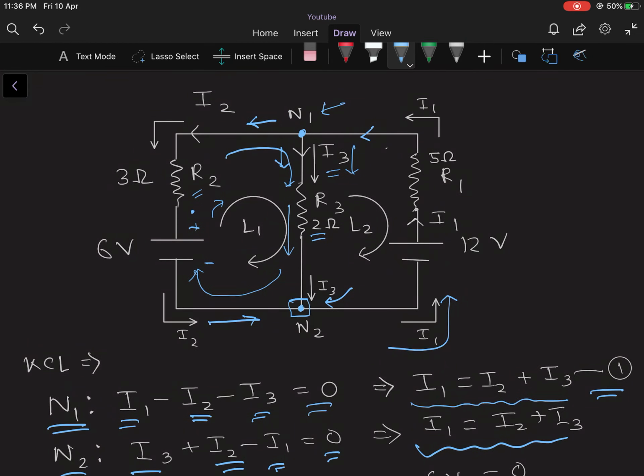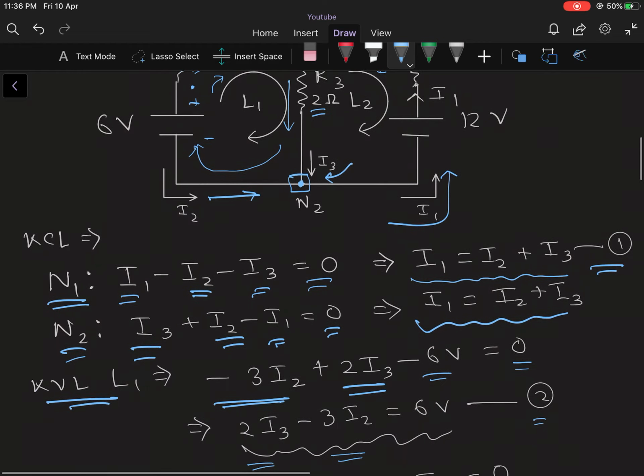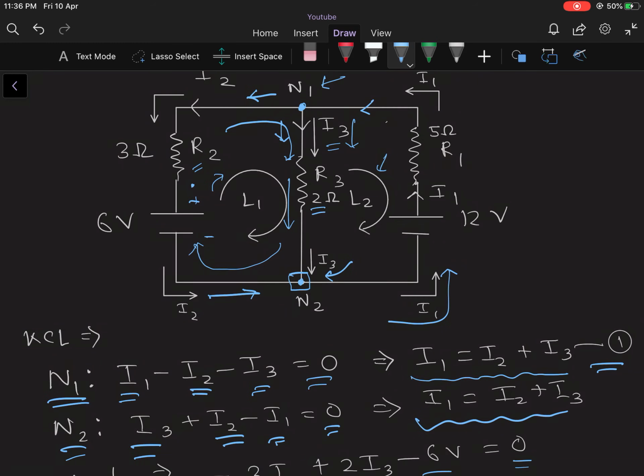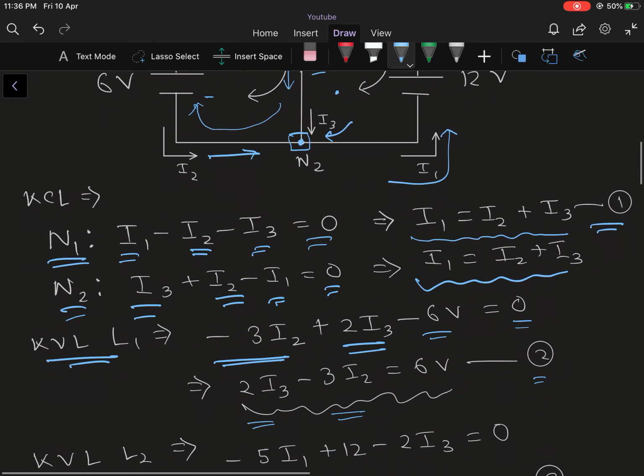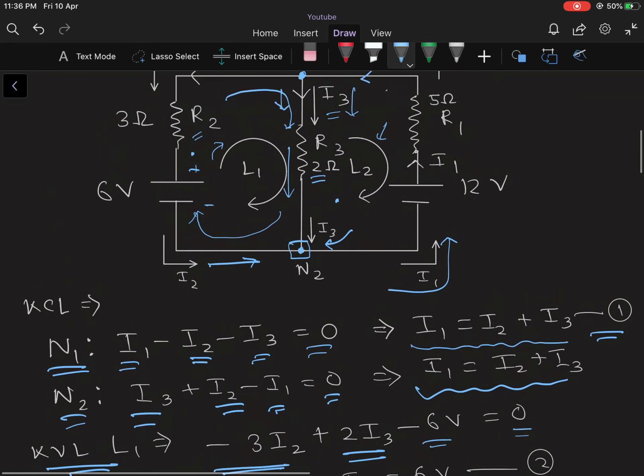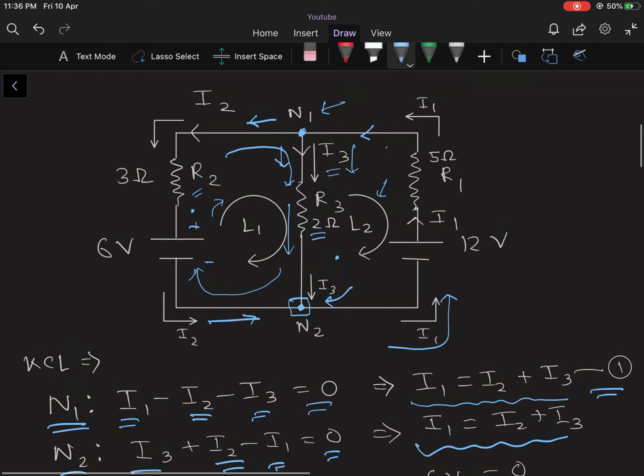Now applying Kirchhoff's voltage law in loop 2, we are going in the clockwise direction. Let us start from here, or we can start from here also. If we start from here, we are going in the direction opposite to the direction of current.